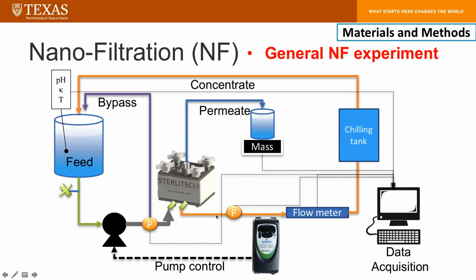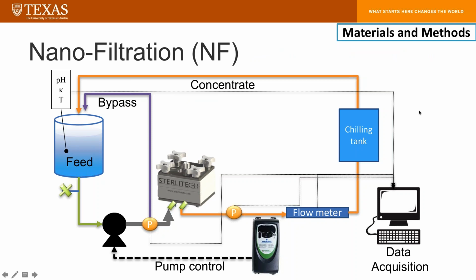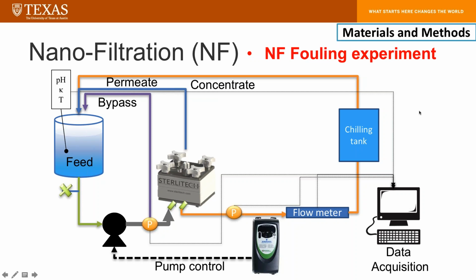I also measure the pressure before and after nanofiltration, measure the pH, conductivity, and temperature of the feed solution, and measure the flow rate in the system. The NF fouling experiment is almost the same, but I recirculate the permeate, so I recirculate the feed water for 80 hours.